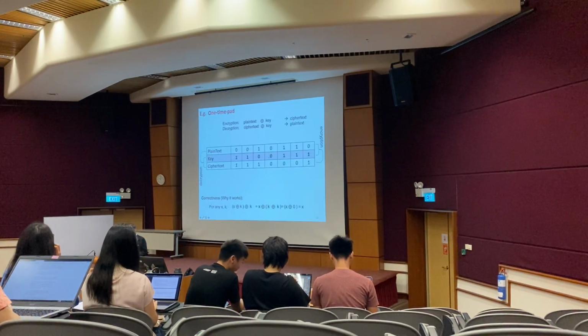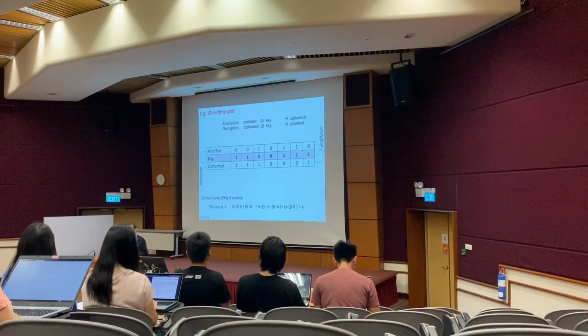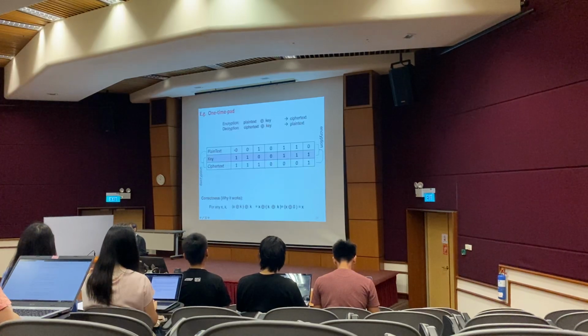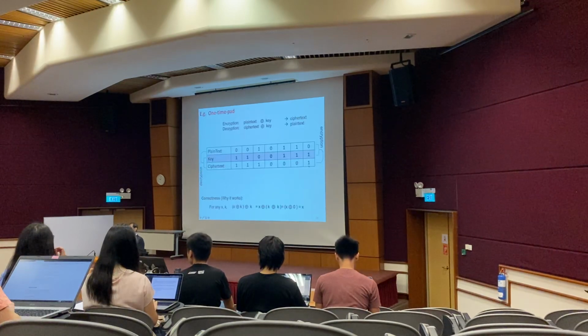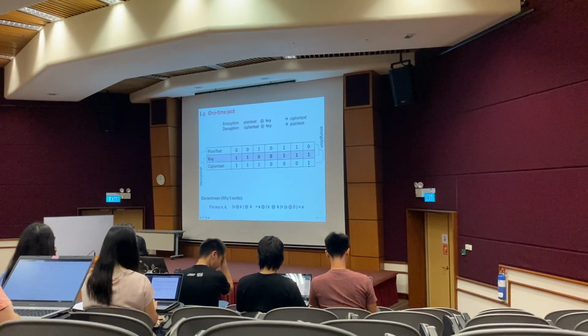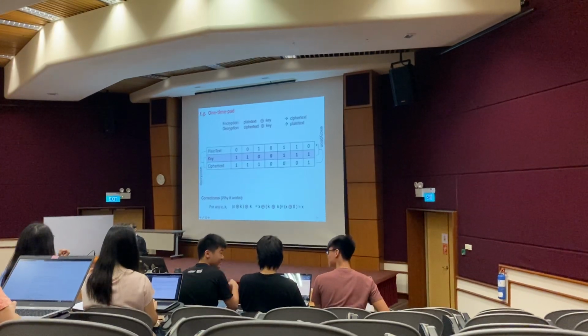Take the key, also represented as bits of the same length. Then for the ciphertext, we just use the XOR operation. XOR them and you get the ciphertext. For decryption, repeat the process: you take the ciphertext and the key, XOR them, and we get the plain text.